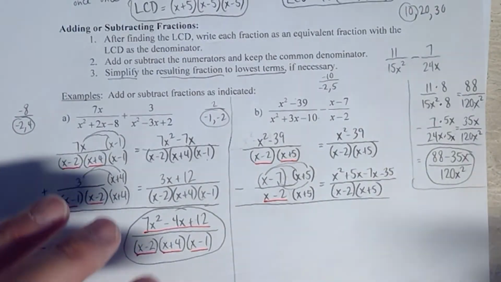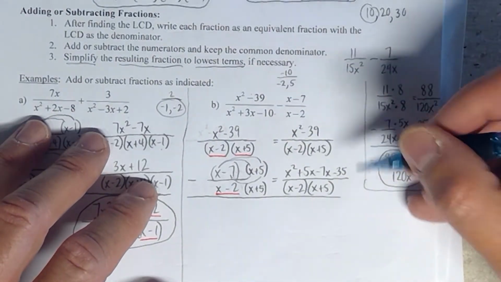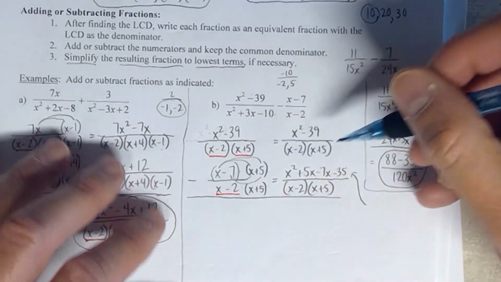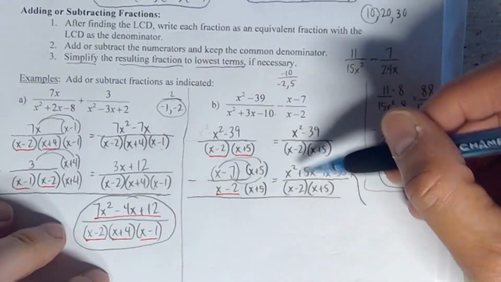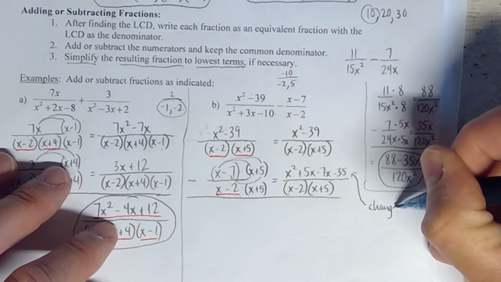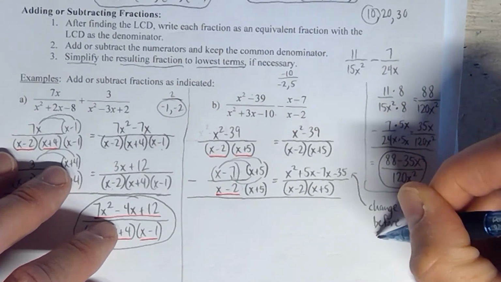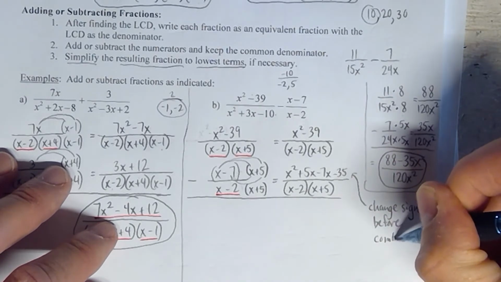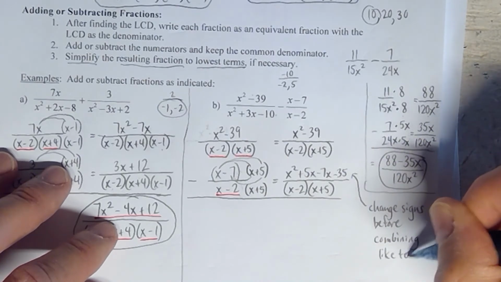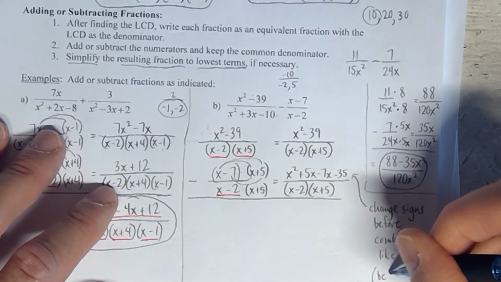Now here's the really important part, you guys. Because this is a subtraction problem, subtracting fractions, after you clear out those parentheses in the numerators, so that we can try to combine like terms, you need to change signs before combining like terms. Why did we not do that in the last problem?